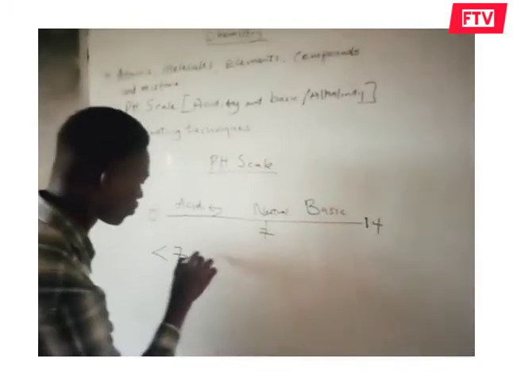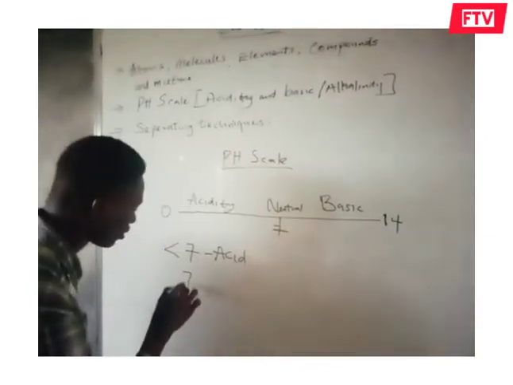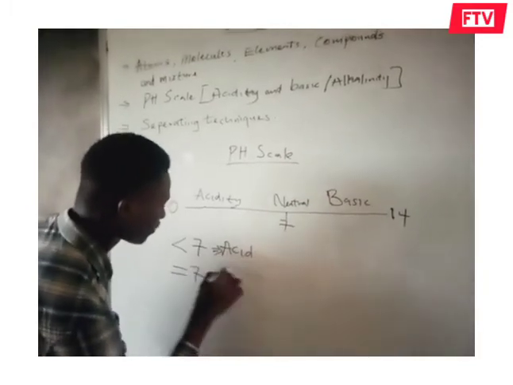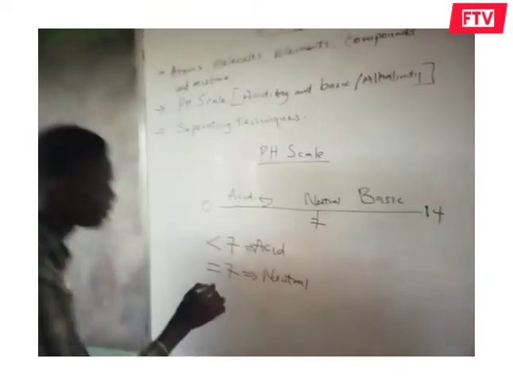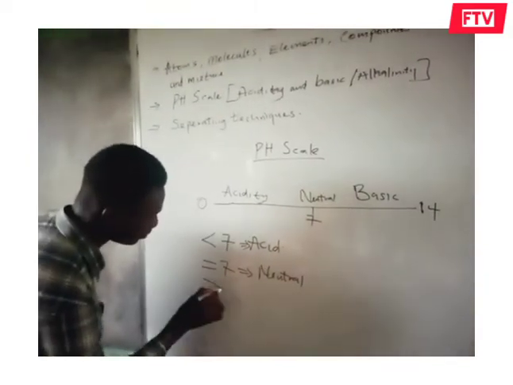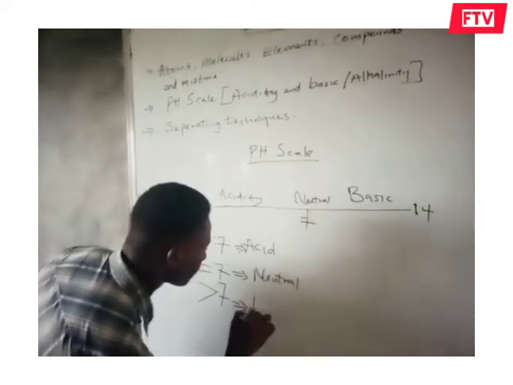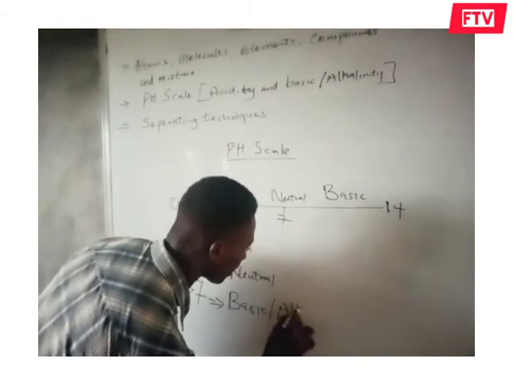Anything less than 7 is acidic, 7 is neutral, and higher than 7 is basic. So less than 7 is acid, equal to 7 is neutral, and greater than 7 is basic or alkaline.